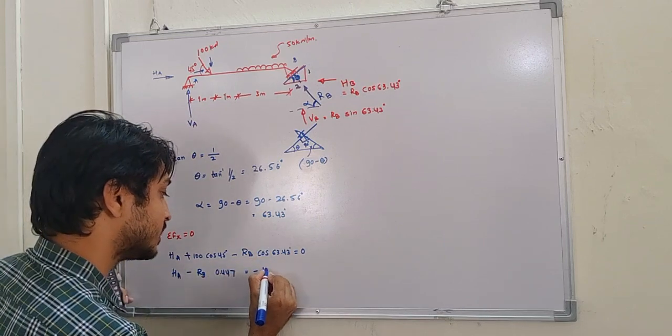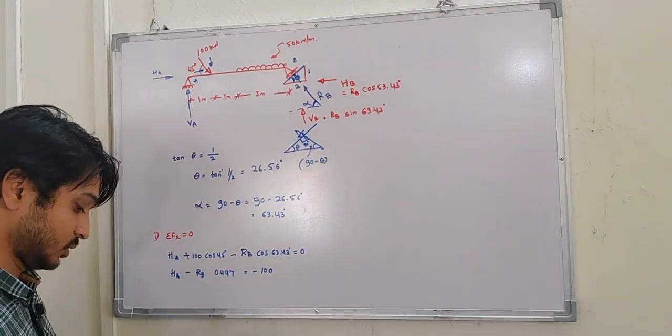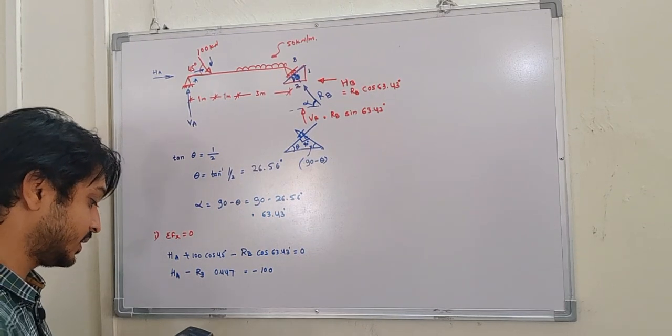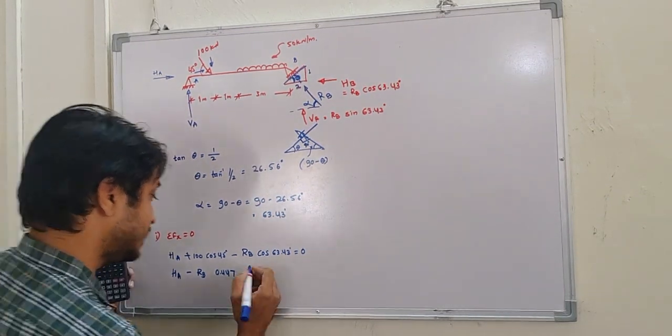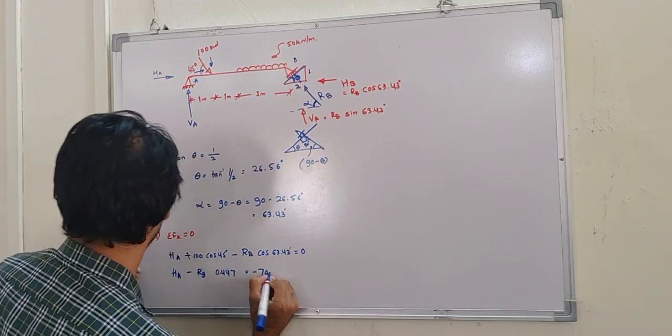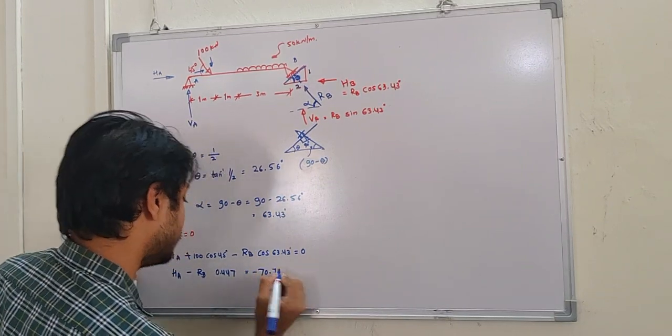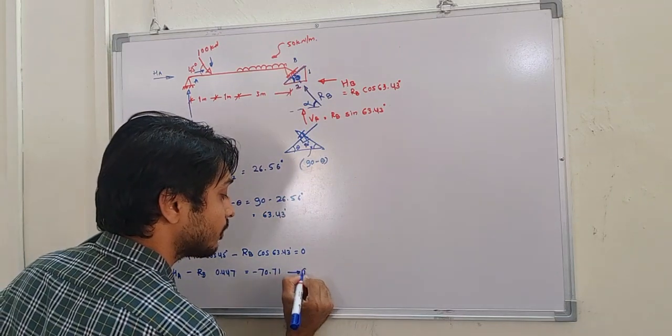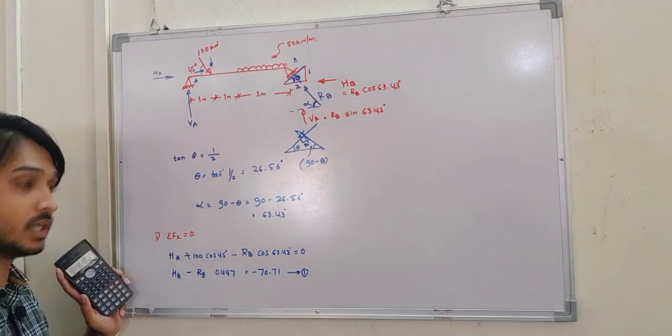So 100 cos 45 gives minus 70.71. Let us call this equation number 1.